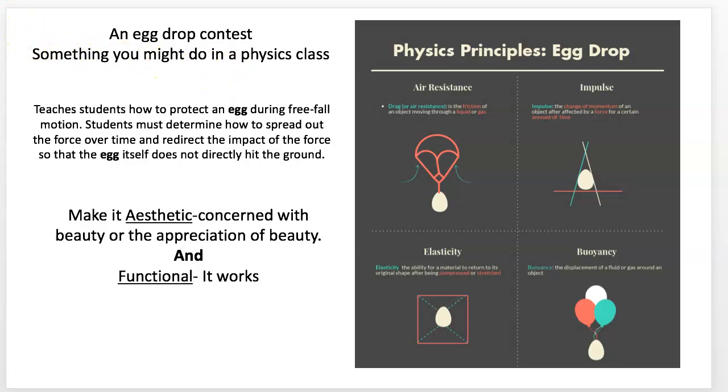So in physics class, you would protect an egg during free fall motion, and they would determine how to spread out the force over the time before the impact, to redirect the impact of the force so that it doesn't hit the ground directly.